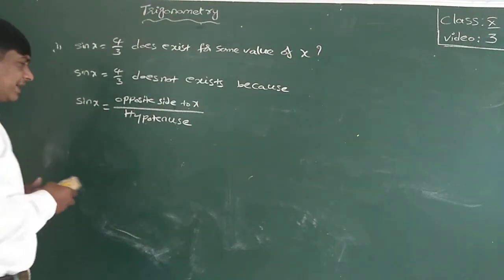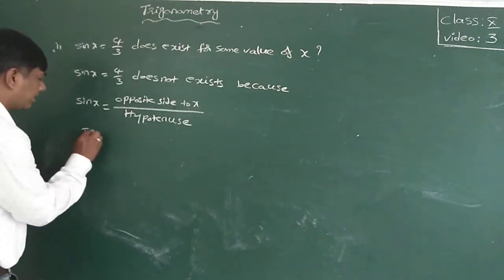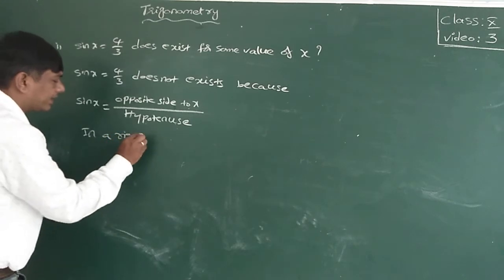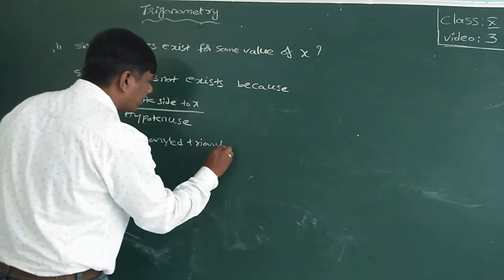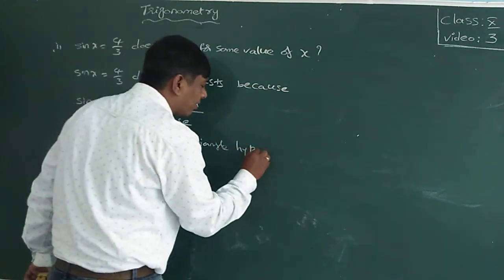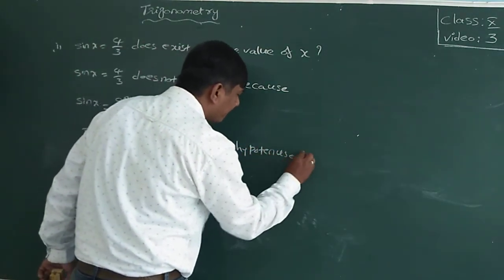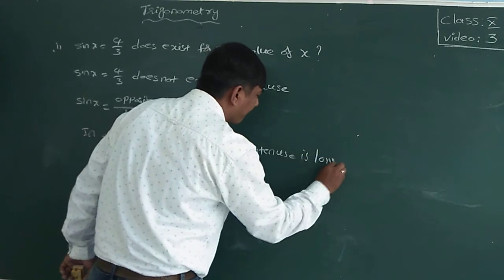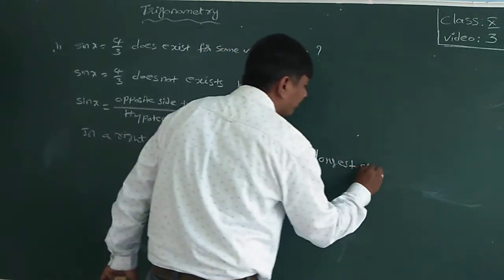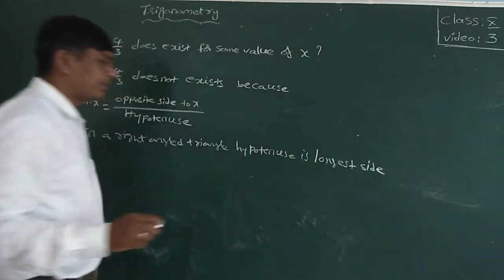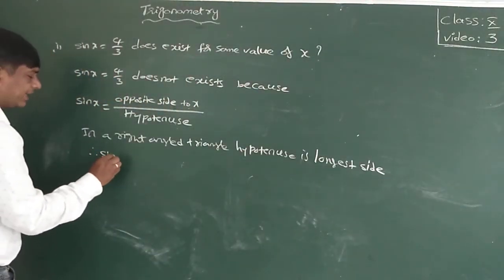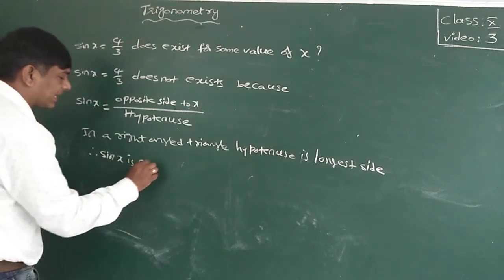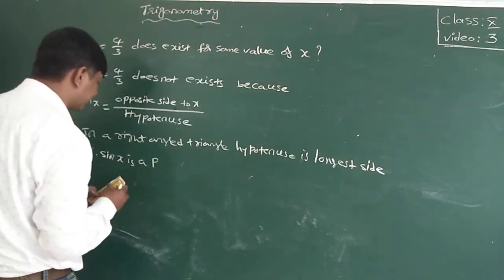In a right angled triangle, the hypotenuse is the longest side. Therefore sin x is a proper fraction.